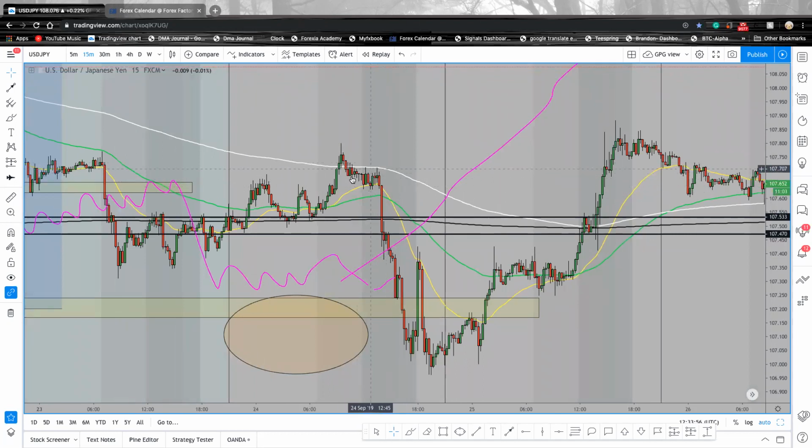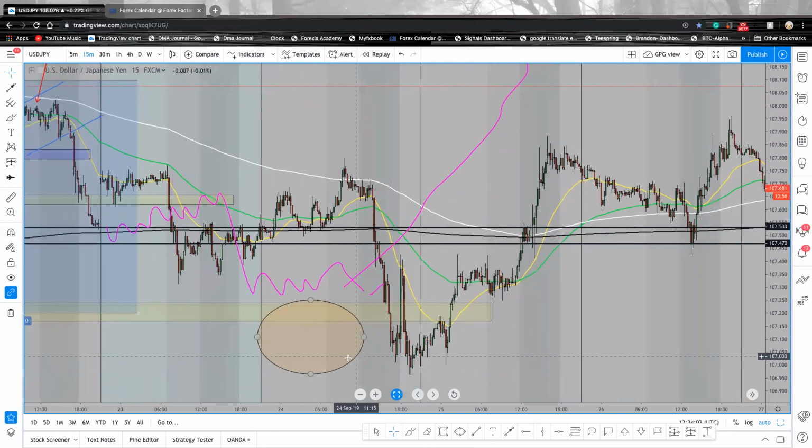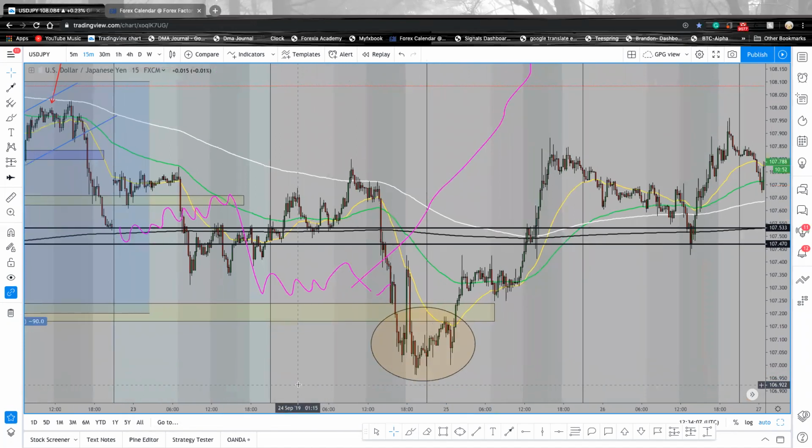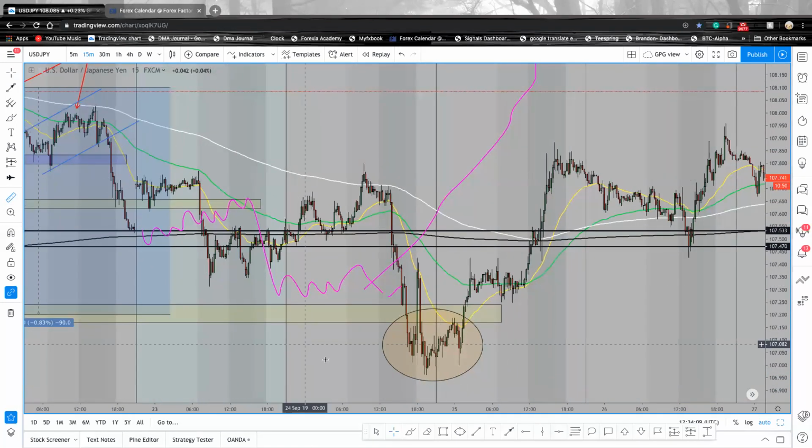You could just sell any of these candles. And then price comes all the way back down in here. And notice how exact price came and trapped for how long? For almost 10 hours.